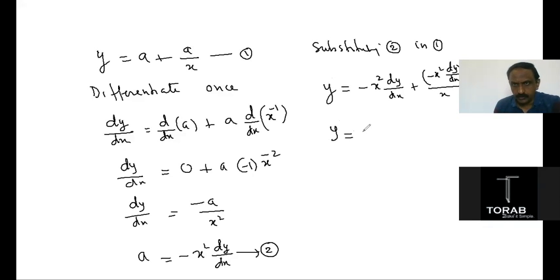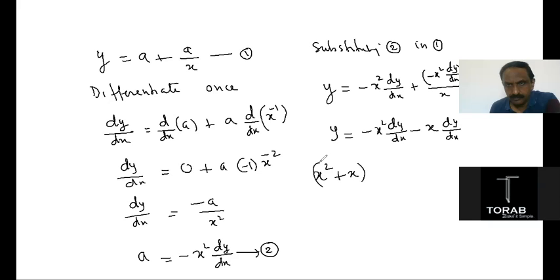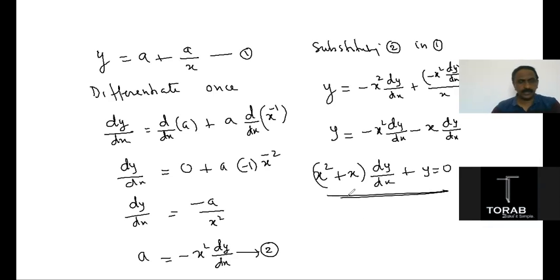So y is equal to minus x square dy by dx minus x dy by dx. बराबर है कि नहीं? Is it clear? Now make it equal to 0. X square आपको dy by dx कॉमन ले सकते हैं, plus y equal to 0 is the required differential equation. चाहे तो x भी कॉमन ले सकते हैं.